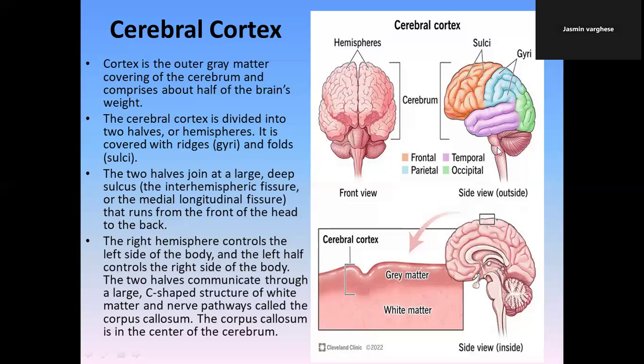The right hemisphere controls the left side of the body, and the left half controls the right side of the body. The 2 halves communicate through a large C-shaped structure of white matter and nerve pathways called corpus callosum.